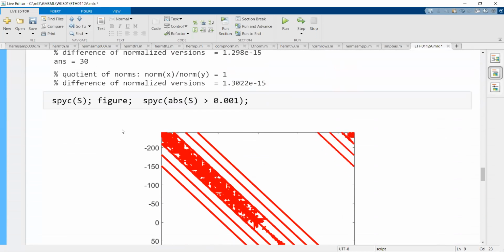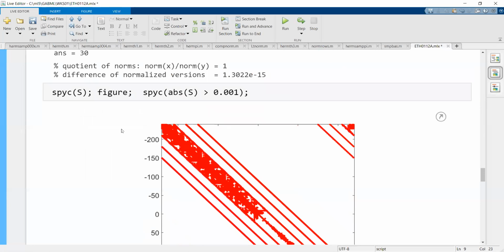So, what is the structure of this frame matrix? Later on, we will see it's an operator which is commuting with certain time frequency shifts, but let's just inspect it. So I'm doing my spike command, but putting the 0 in the middle, and then I get this picture here.